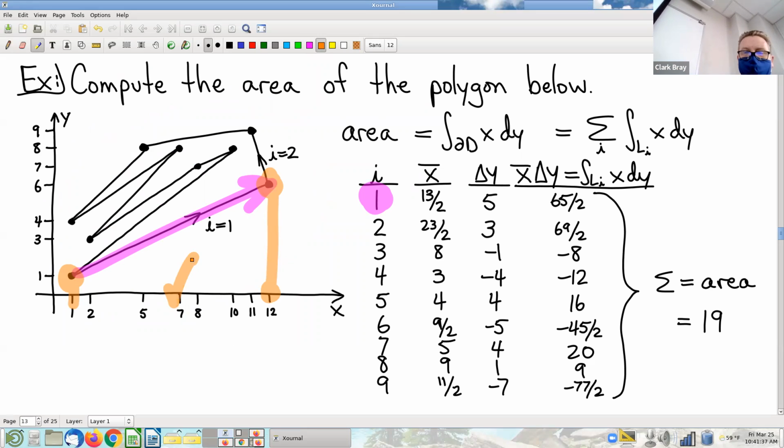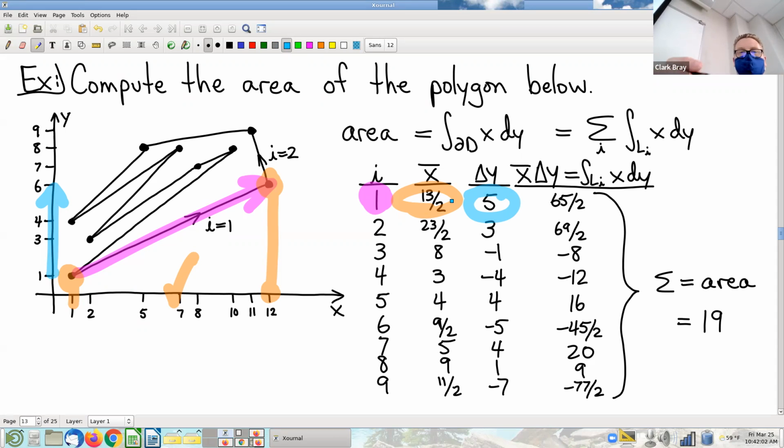Well, it's 6.5. Nothing to it. What is the change in y? How much does y increase from 1 to 6? As we move along that purple path, again, in the appropriate direction, y changes by +5.